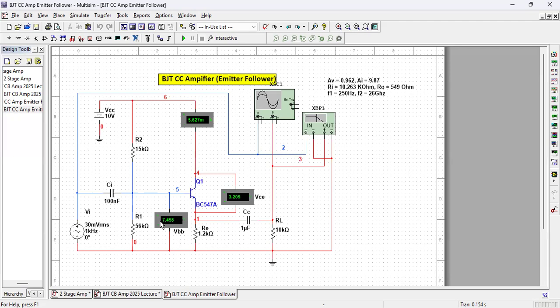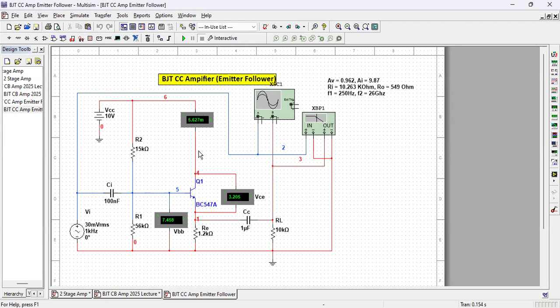So ignore them. Here you see this is the BJT and this is the emitter resistor 1.2K, and output is taken from this emitter resistor through this coupling capacitor and the 10K load. And on the input side, similarly, there are biasing resistors R1, R2, etc. And another point that you noted in your theoretical class, the collector is directly connected to the power supply.